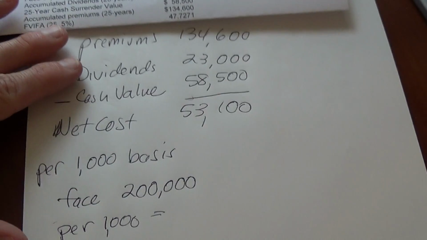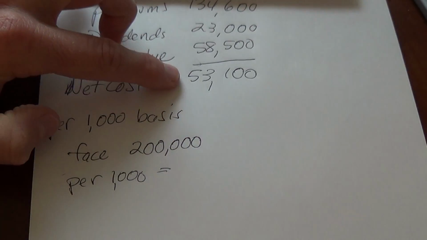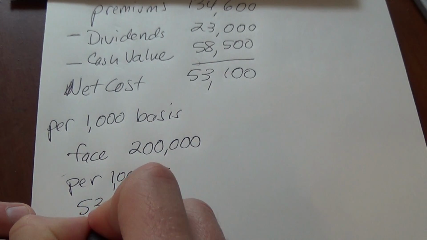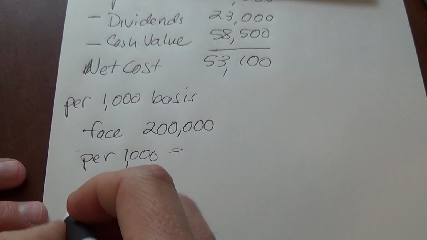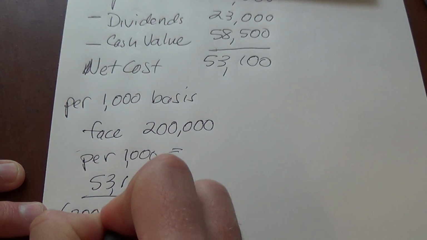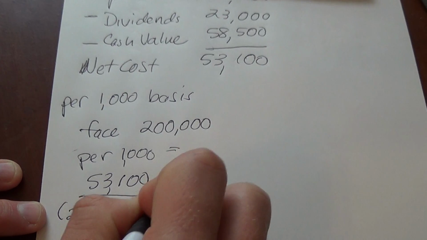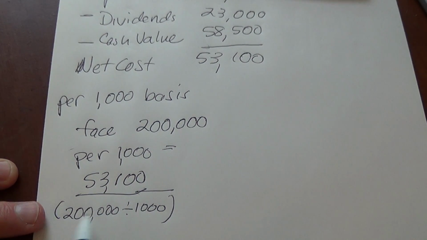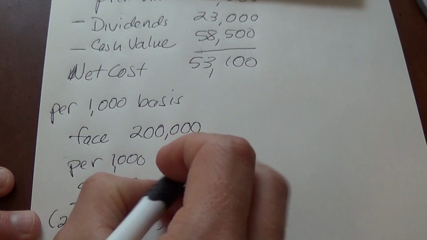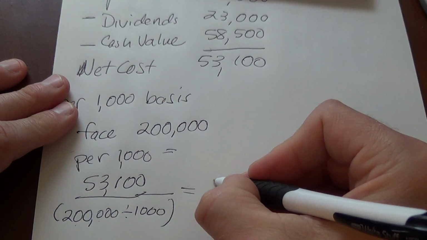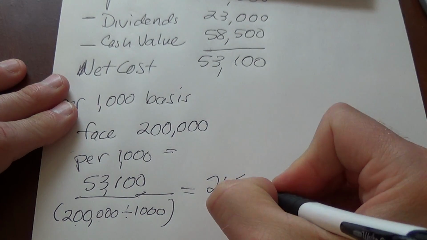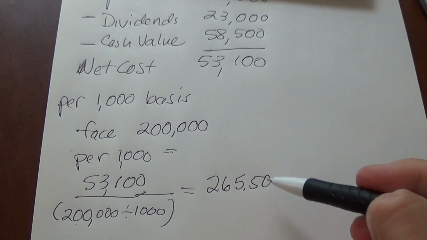We take the net cost we got up here, $53,100, and then divide that by the face of the policy, $200,000, divided by 1,000. So we're saying there are 200 1,000s in 200,000, so we're going to divide the net cost, $53,100, essentially by 200. And when we do that math, we get $265.50.